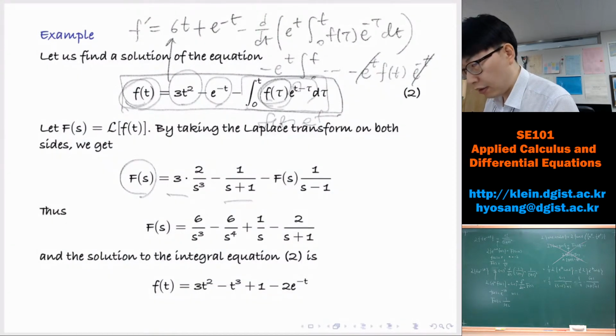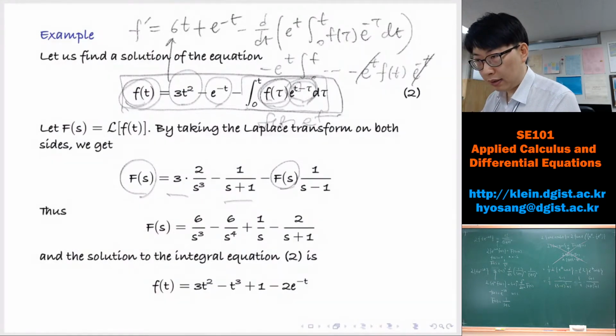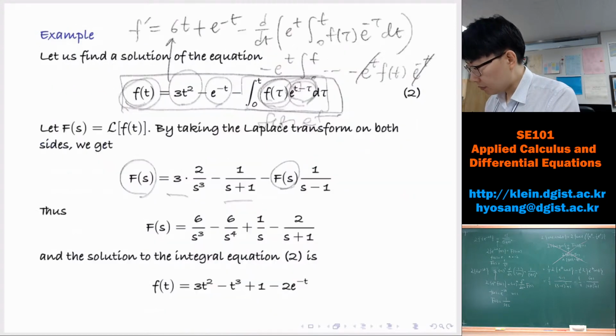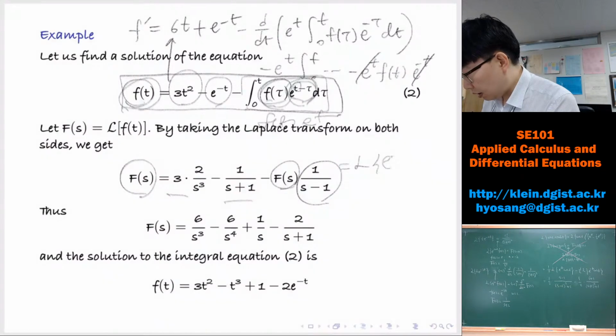One is the Laplace transform of f of tau, which is F of s, and the other one is the Laplace transform of e to the t. Not e to the tau minus t or e to the t minus tau, because that is already given as g of t minus tau in the original formula, and we are going to take the Laplace transform of g of t, not g of t minus tau. So this is the Laplace transform of e to the t.